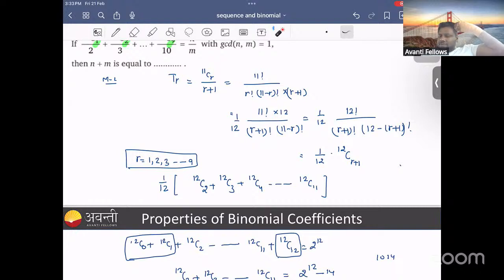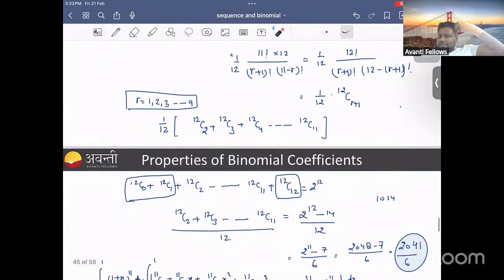12C2 plus 12C3, 12C11. 12C0, 12C1. 12C12 is 2 to the power 12.